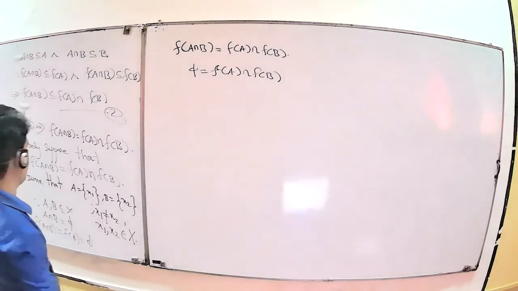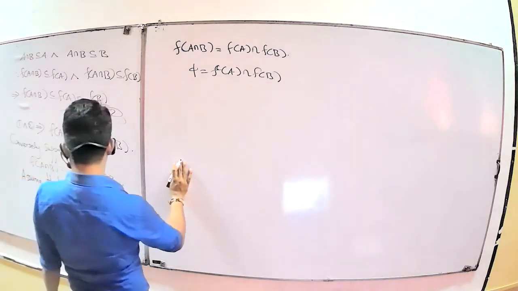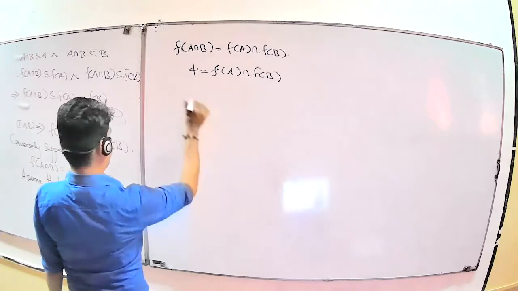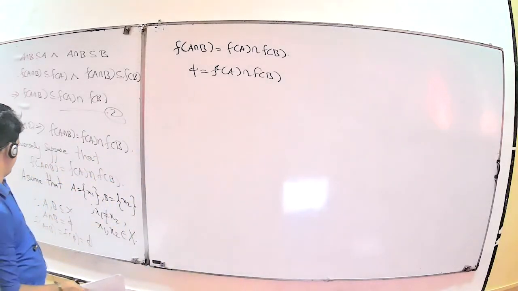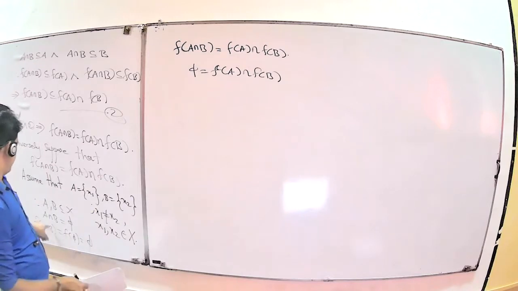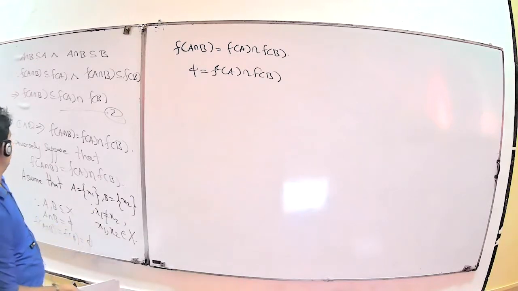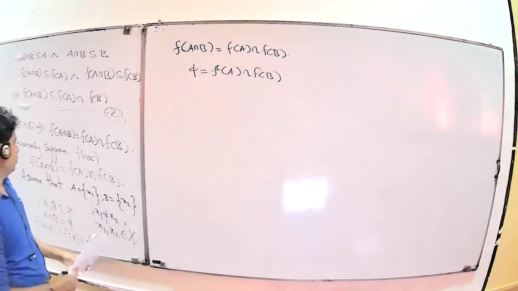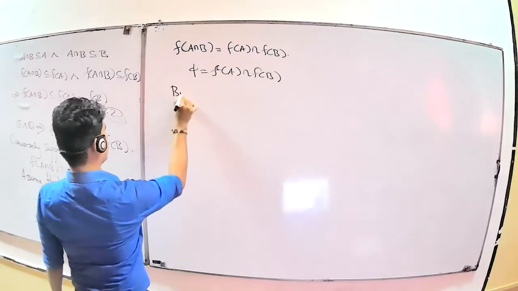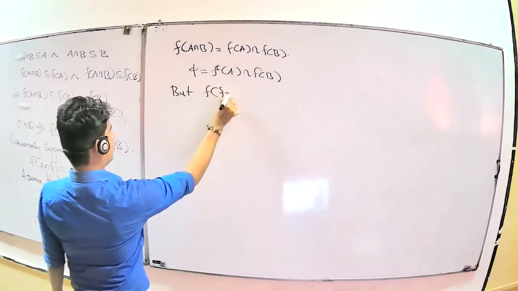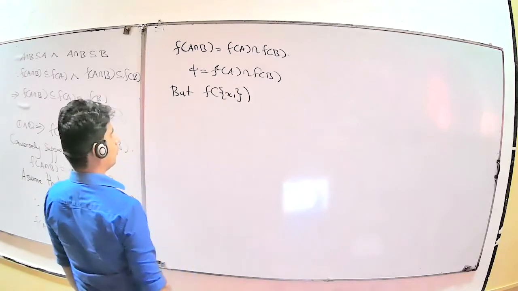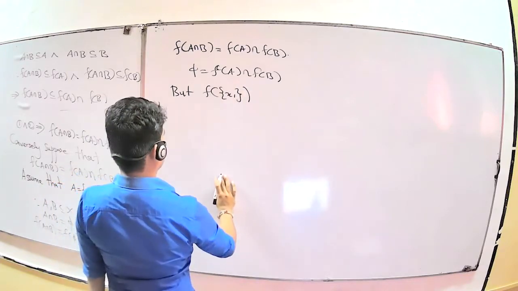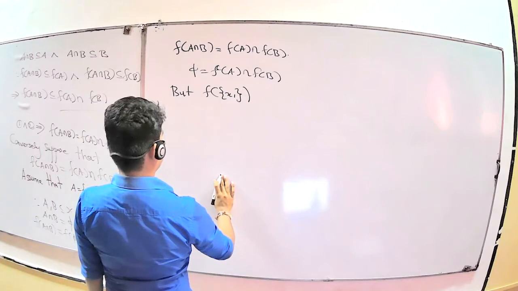Here already we assumed that x1 not equal to x2. Here f of A intersection B is empty. This one empty means f of A intersection f of B is empty. But you know here you have f of A equal to f of the set {x1}.